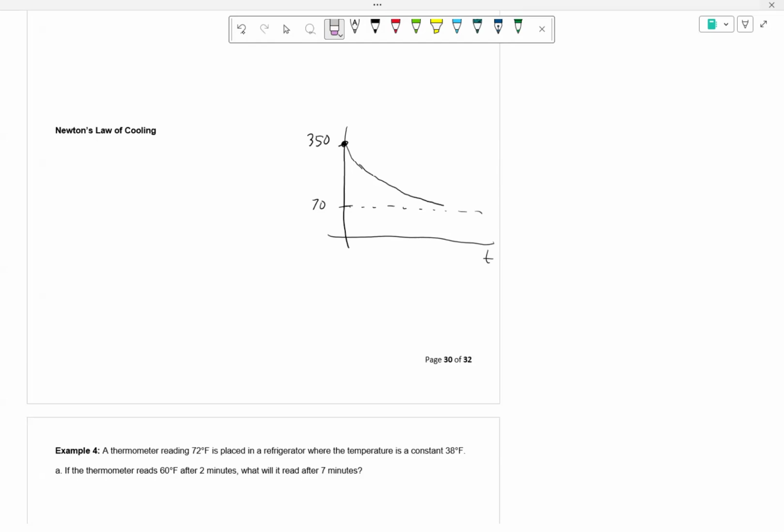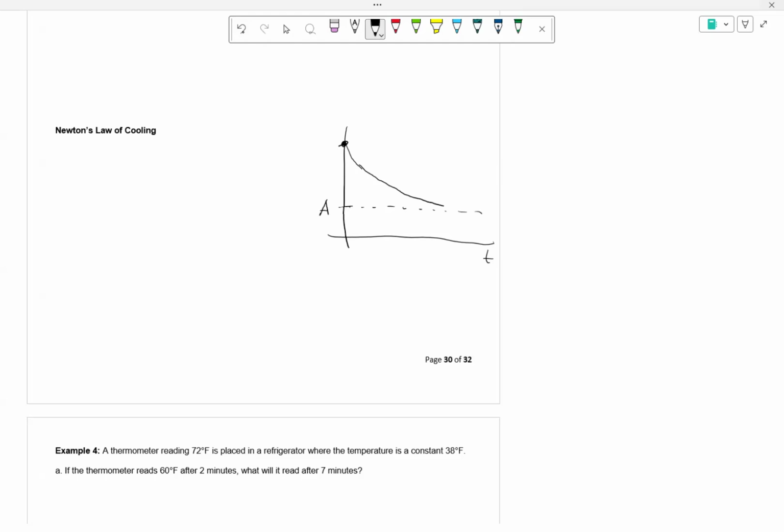So let's make an equation for this situation, but let's generalize it. Let's say that this is A for ambient temperature. Maybe R for room temperature? A for ambient, yeah.